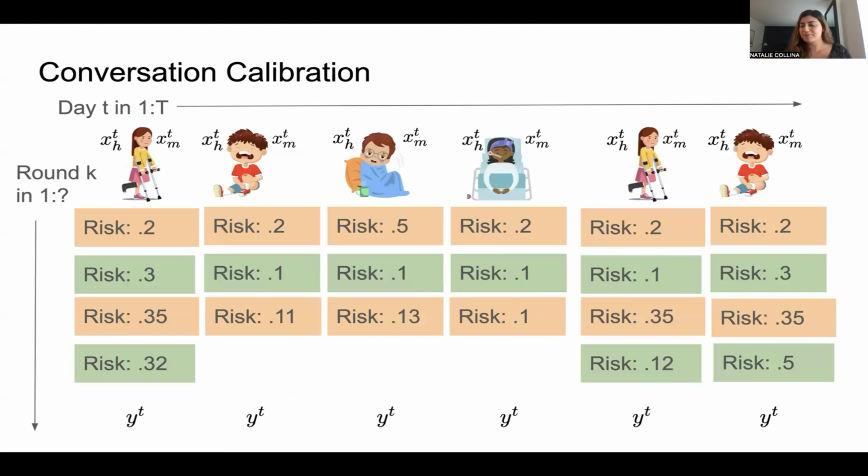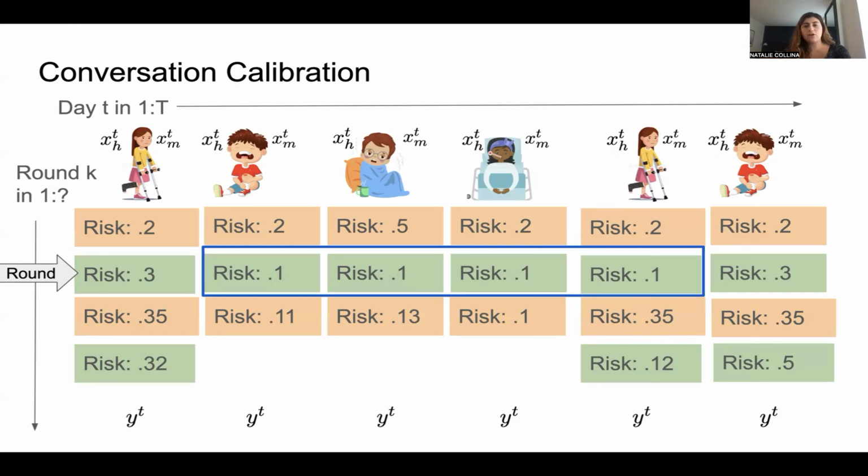I'll give an example with this picture. Conversation calibration: let's fix this particular round. Say this is round two, and let's say that this is the AI model. Let's look at what conversation calibration means. You would look at, for example, all the days in which the model predicts something close to 0.1.